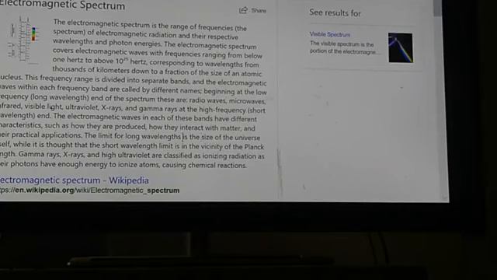The limit for long wavelengths is the size of the universe itself, while the short wavelength limit is thought to be in the vicinity of the Planck length. Gamma rays, X-rays, and high ultraviolet rays are classified as ionizing radiation. Ionizing, pay attention to that. Let's highlight that. Ionizing radiation, as their photons, didn't we just say that, have enough energy to ionize atoms, causing chemical reactions.